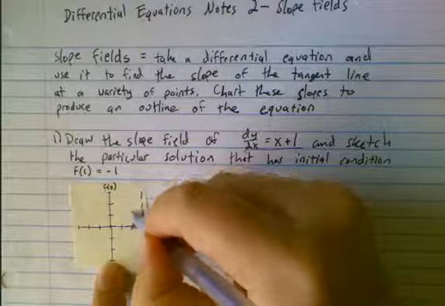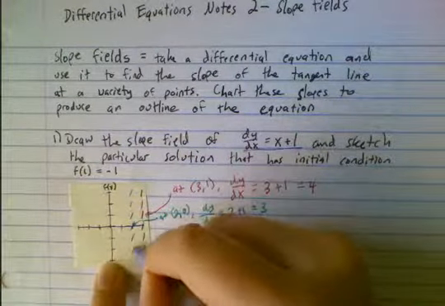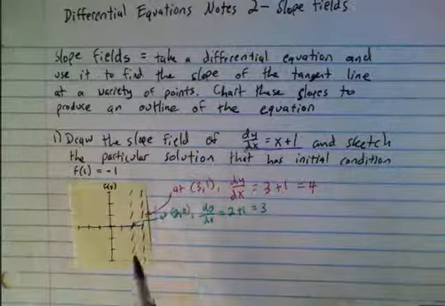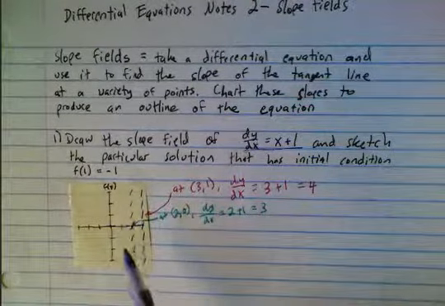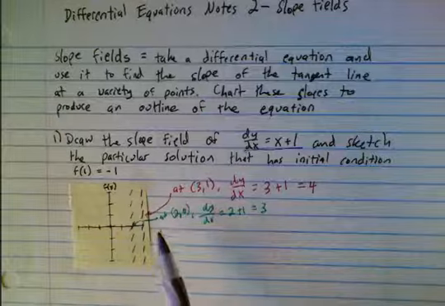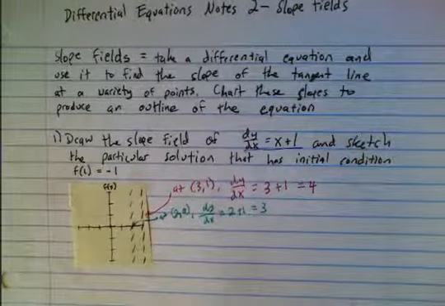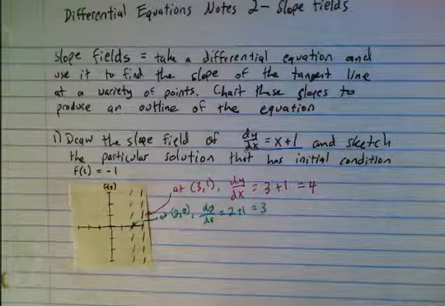So it's a little less steep, but not very much. And slopes that are like this can be a little bit tricky to sketch. That's okay. The main things that are really important to sketch correctly are slopes of 1, negative 1, and 0.